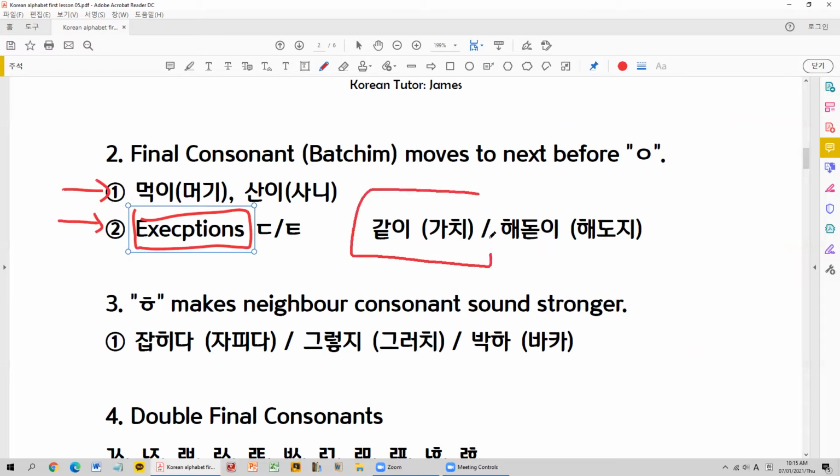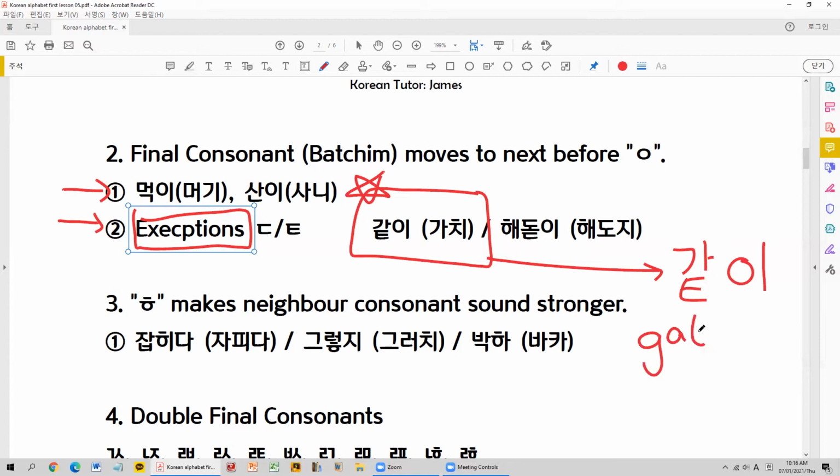Okay, these two words are very famous, very frequently used, especially this one. So you have to memorize this because this is an exception. So see what this is. The first character is G, A, and then T, and then E. So it's cut E. Cut E is very hard to pronounce.